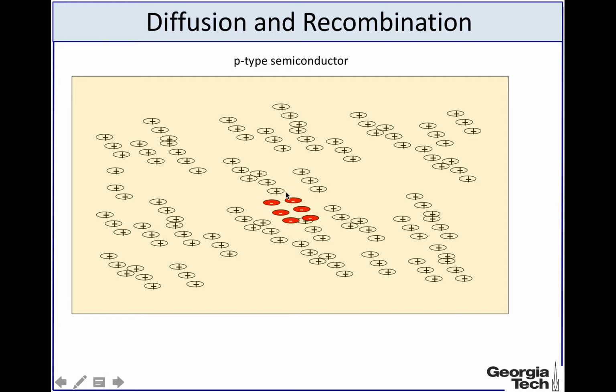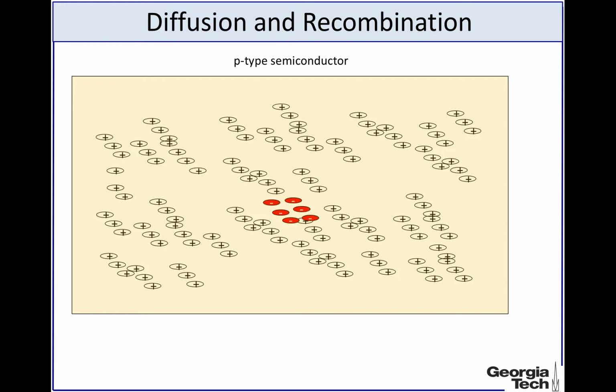Due to the thermal motion they will move around and diffuse through the semiconductor, and after they go a certain distance they will combine with some holes, and as they recombine they basically disappear.